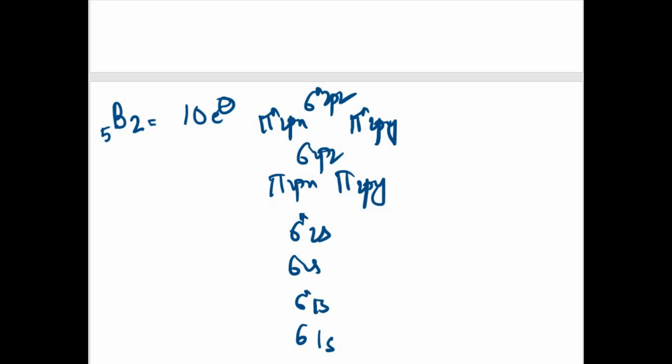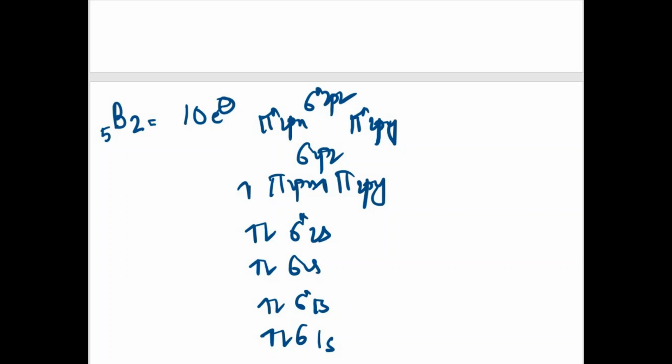Right? Now, if Hund's rule was followed, then how would we have filled it? 2, 4, 6, 8, 9 and 10, first singly and then pairing it. But then in the question it says that Hund's rule is being violated. So if Hund's rule is being violated, then what happens?